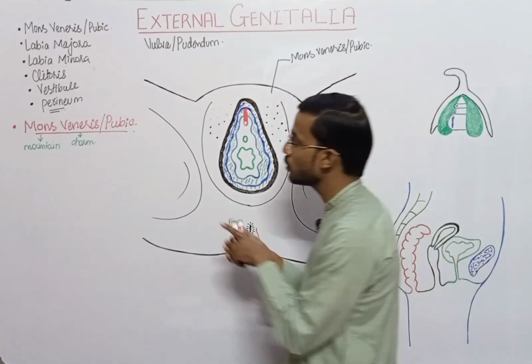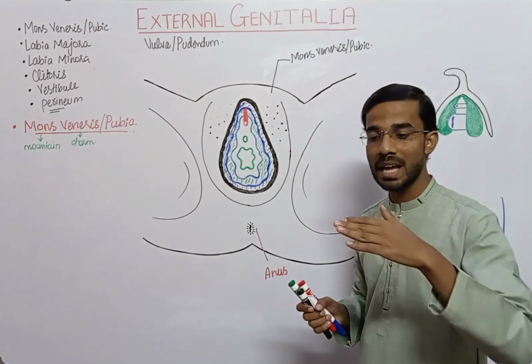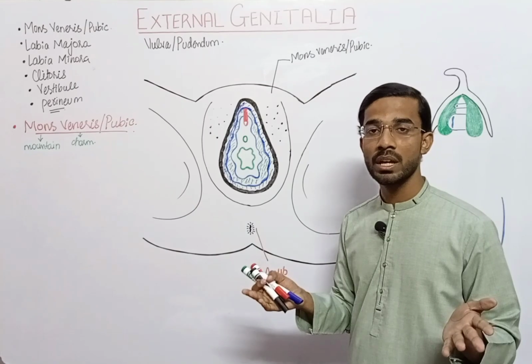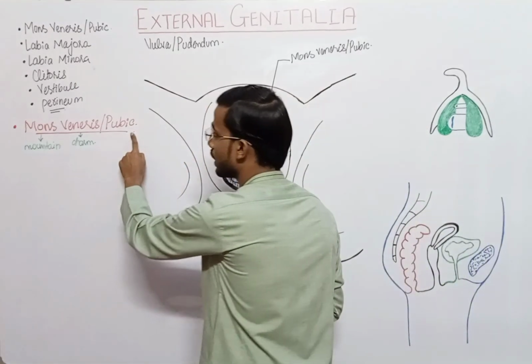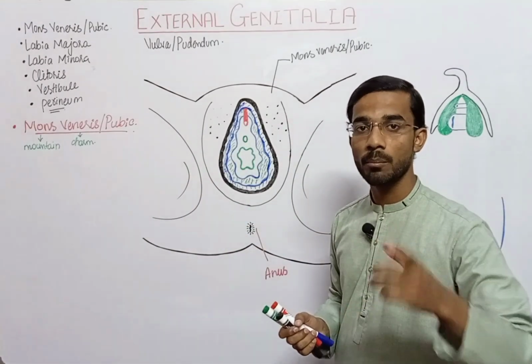And why mons pubic? Because it is present above the pubic bone, which is involved in the formation of the hip bone.